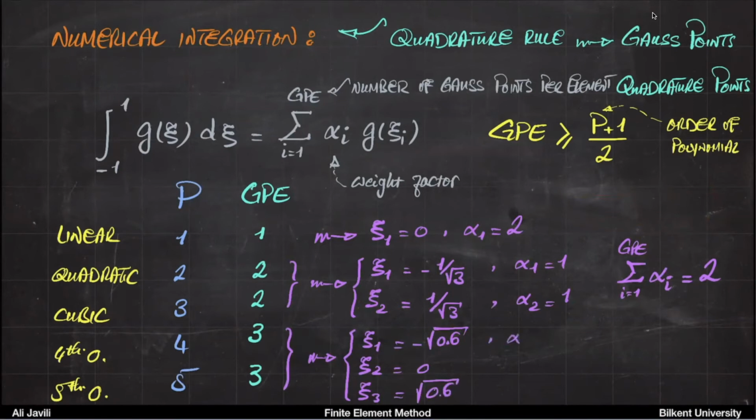Now, alpha 1 would be 5/9. Alpha 2 would be 8/9. And alpha 3 is, again, 5/9. Okay, you can see if you add them up, eventually you get just 2. But the point in the middle has more weight to it compared to the other 2 points.